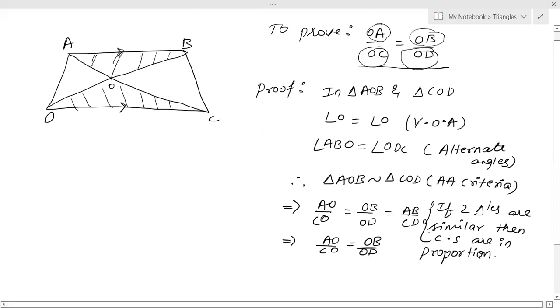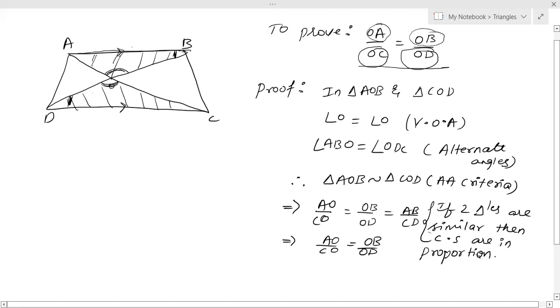Very simple. Angle O, if you observe here, this angle O and the below one, angle O, are equal because vertically opposite angles. And as I told you in the previous question, if two lines are parallel, you should always go with alternate angles. If you observe this angle here and this angle D here are forming a Z shape, you can see the Z shape here.